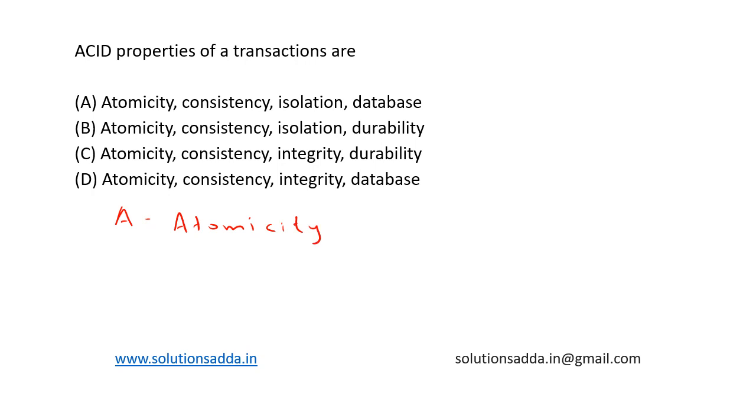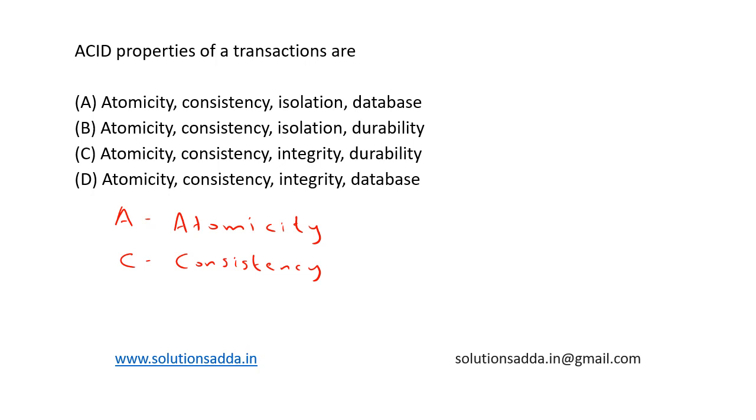It means that either a transaction should be performed completely or it should be rolled back. Now C. C stands for consistency. It means that every transaction specifies some consistency constraints and these constraints should follow even after a transaction had occurred.